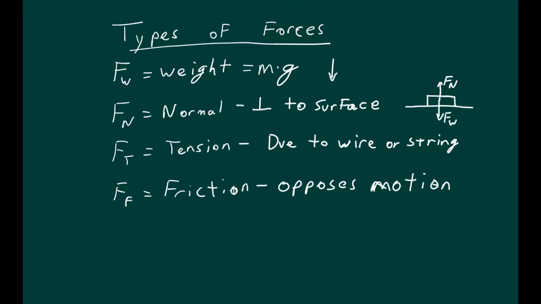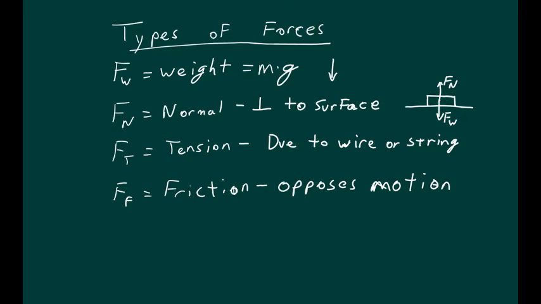So if you have weight, always straight down, mass times gravity. Normal force is always perpendicular to a surface. Tension is due to a wire or string, so you just draw the arrow the direction the string is pulling or the wire is pulling. And then friction is anything that opposes motion.